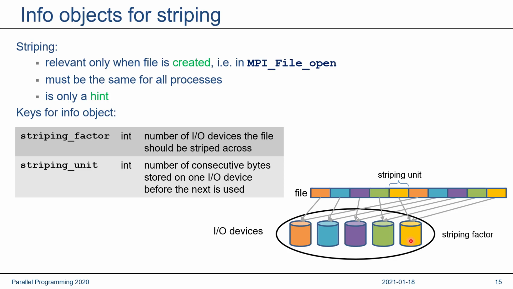And the striping factor specifies how many of these devices should be used. Now, depending on what the load on the file system is and what the usage scenario is, it could be useful and beneficial for program performance and for system performance to actually set these two parameters to other values than their defaults. And this is what the striping factor and striping unit keys do.